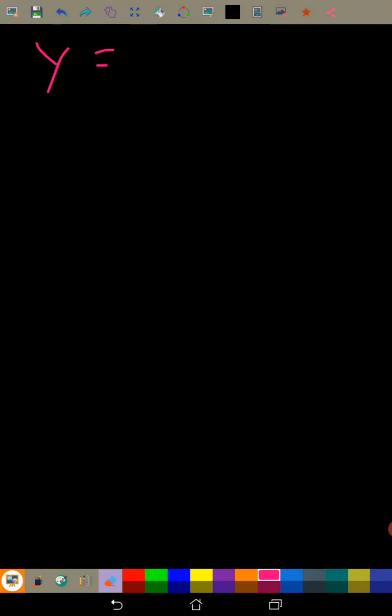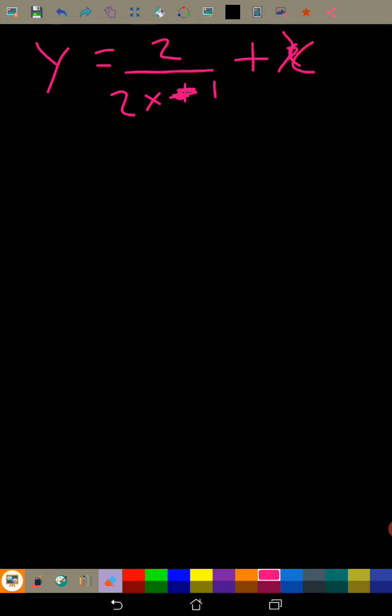If we have a curve which is 2 divided by 2x minus 1, plus x. So find the coordinates of the stationary points of the curve and determine their nature. Exactly what we did before.